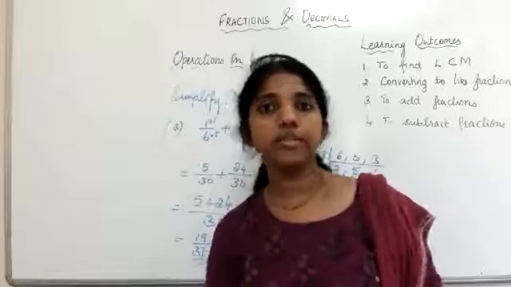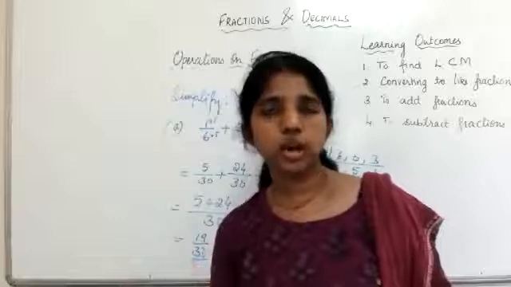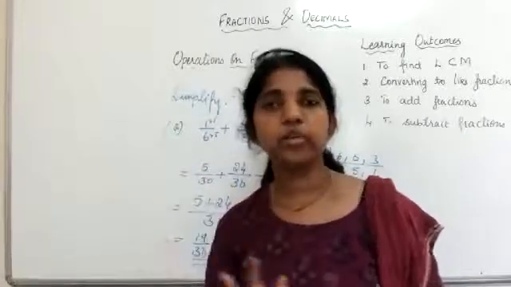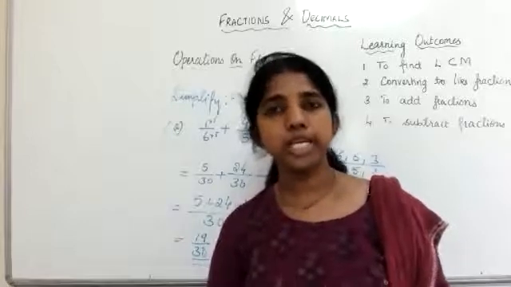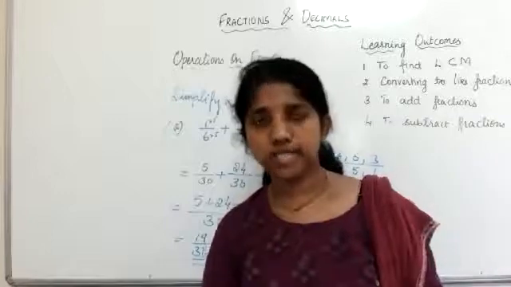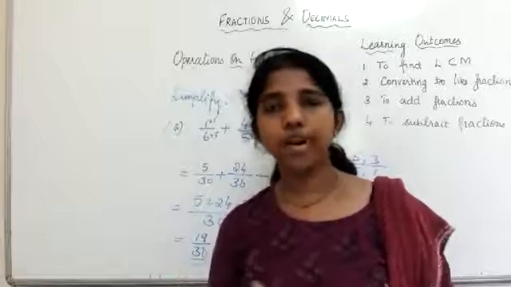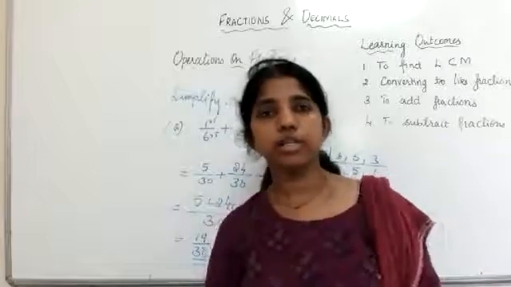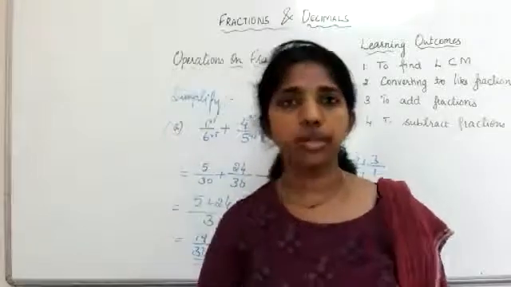If they are like fractions, you can directly take the common denominator and perform the operations on the numerators. When the denominators are different, you have to take the LCM, and then convert to equivalent like fractions with the LCM as your denominator.